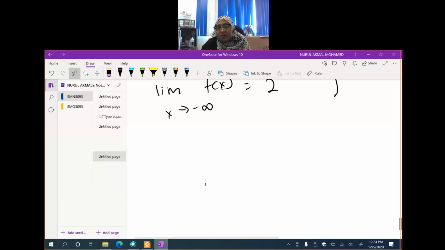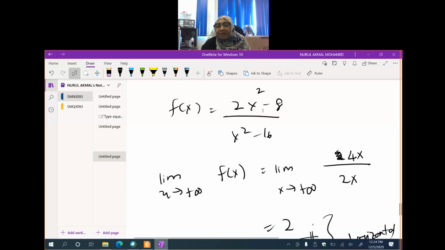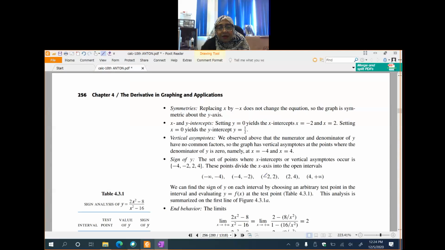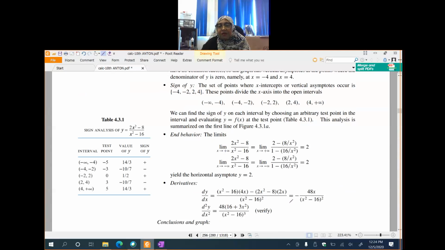Now let's go to the first derivative test. We have to differentiate. It's not easy for us to differentiate, right? You have to apply the quotient rule, but it is doable. We skip that part and cheat a bit and find its y prime. So this is the y prime.